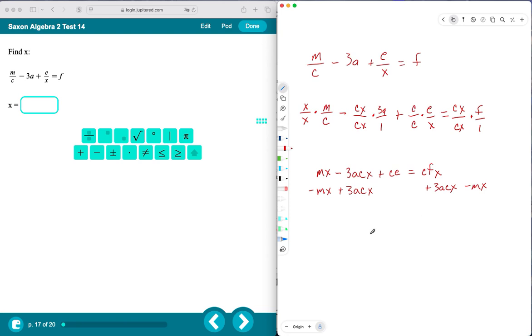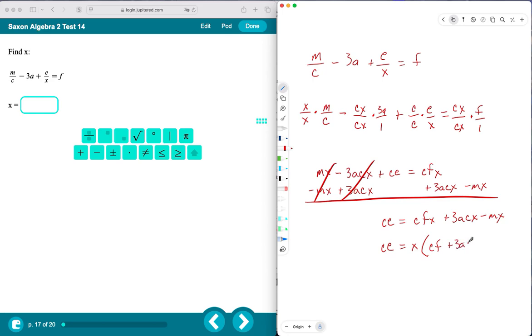All right, so now this cancels, ce is equal to cfx plus 3acx minus mx. If I factor out the x, I get cf plus 3ac minus m.